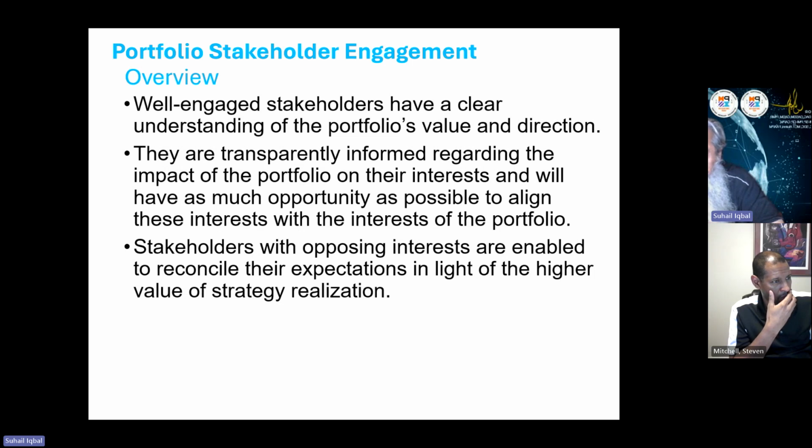They are transparently informed regarding the impact of the portfolio on their interest and will have as much opportunity as possible to align these interests with the interests of the portfolio. Stakeholders with opposing interests are enabled to reconcile their expectations in light of the higher value of strategy realization.